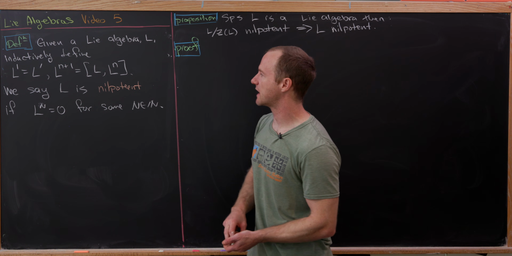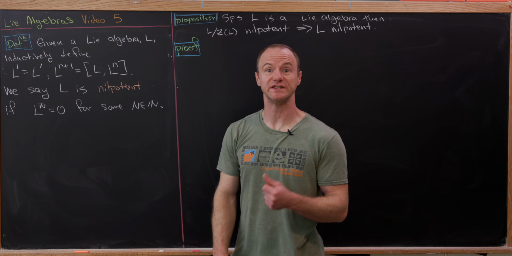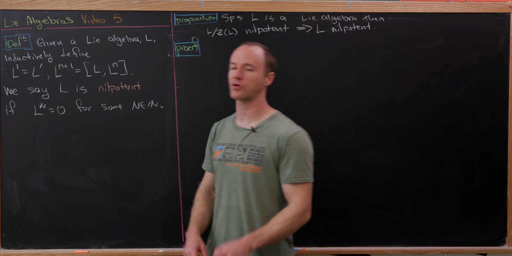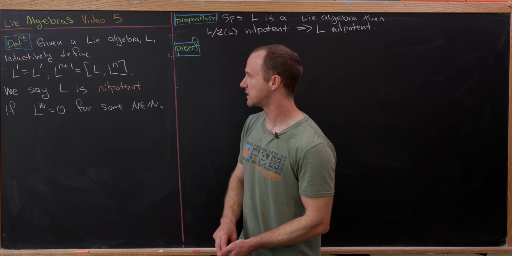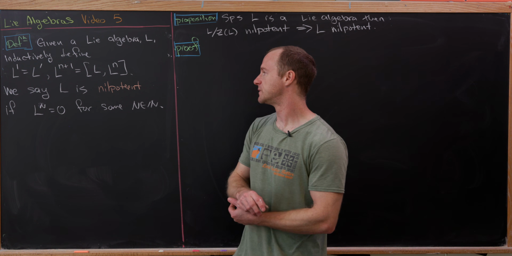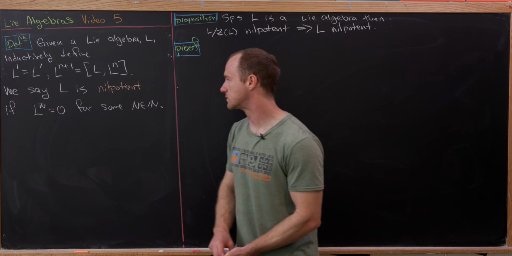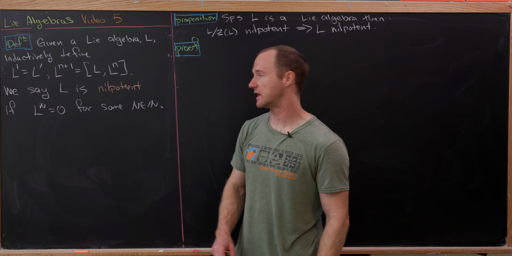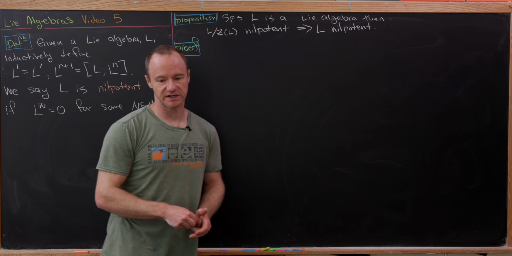So given a Lie algebra L, we'll inductively define L upper 1, where we don't have parentheses, as L prime, the derived subalgebra, and then L upper n plus 1 as the bracket of L with L upper n. And then we'll say that L is nilpotent if L upper n is equal to 0 for some natural number n, where we don't have parentheses here. That's the difference in the notation.